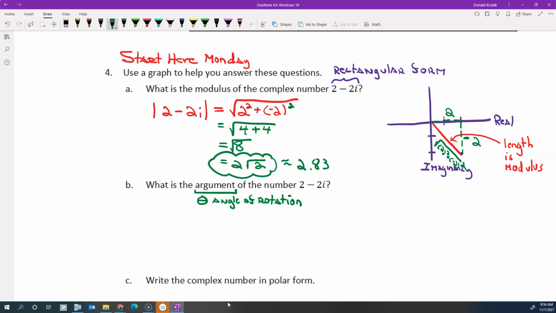All right, so on my drawing over here, real, imaginary.